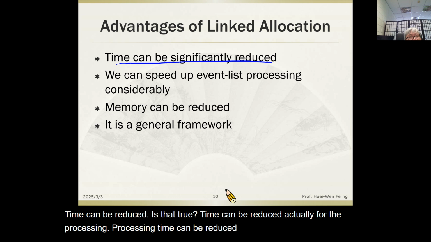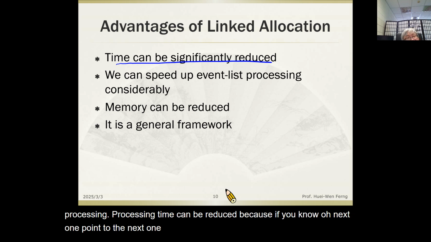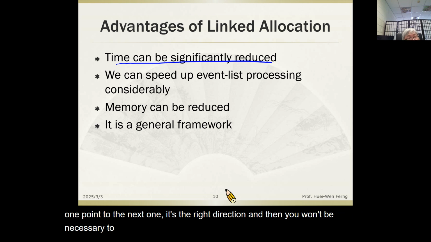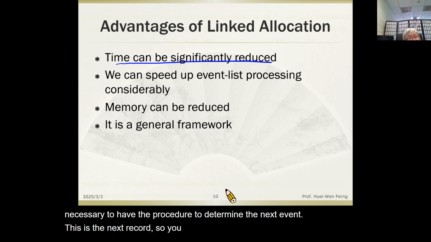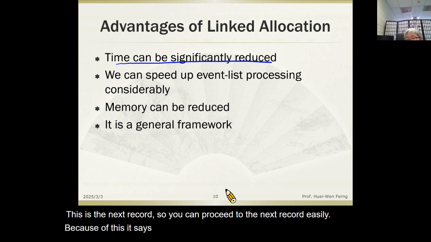Because if you know the next one points to the next one, it's the right direction. And then it won't be necessary to have the procedure to determine the next event. And this is the next record, so you can proceed to the next record easily. Because of this, time can be reduced.